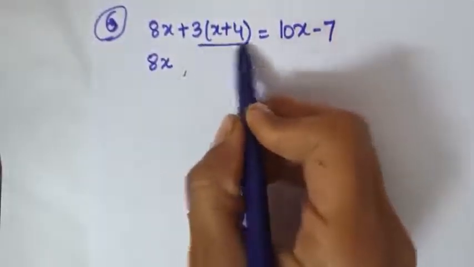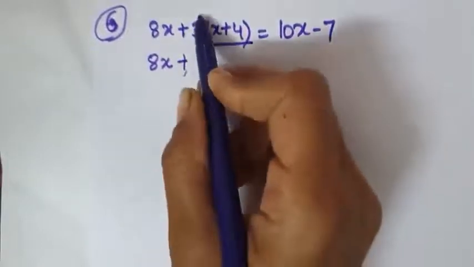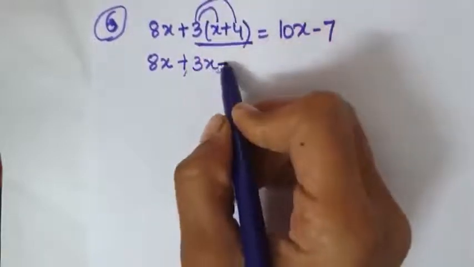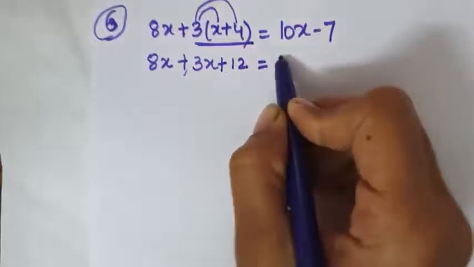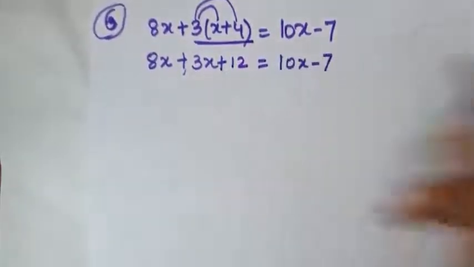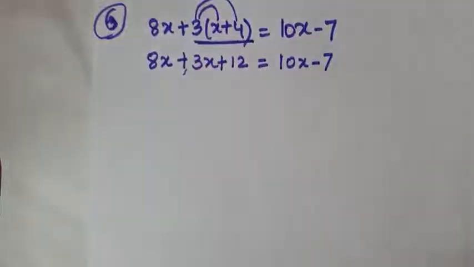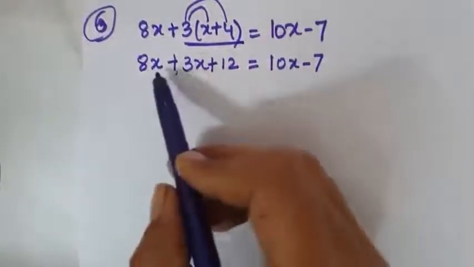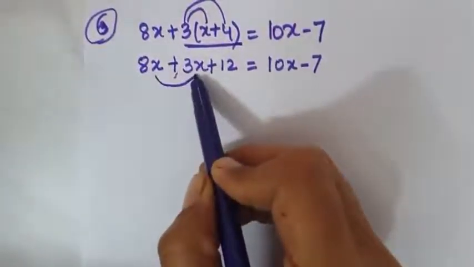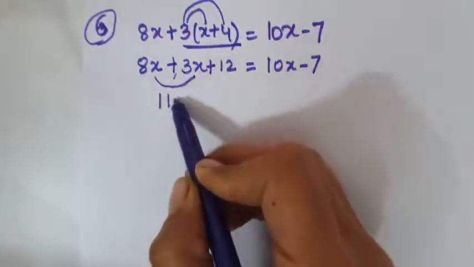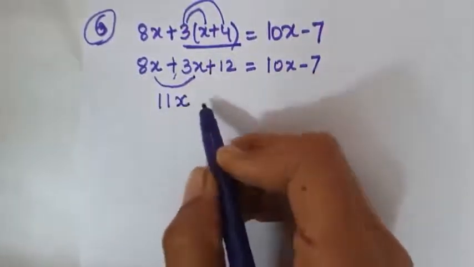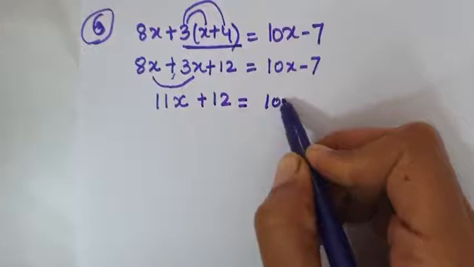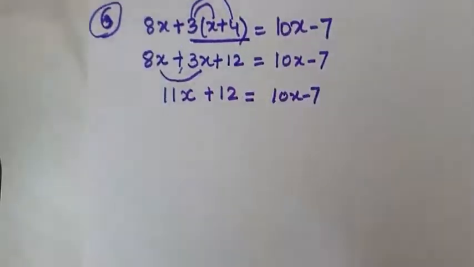We will open the bracket. 3 into x, 3x, 3 into 4, 12 is equals to 10x minus 7. Now 8x plus 3x. These are two like terms. So on adding we get 11x plus 12 is equals to 10x minus 7.